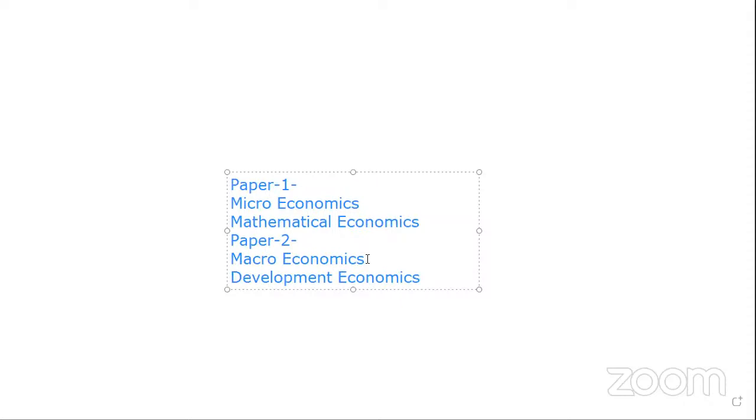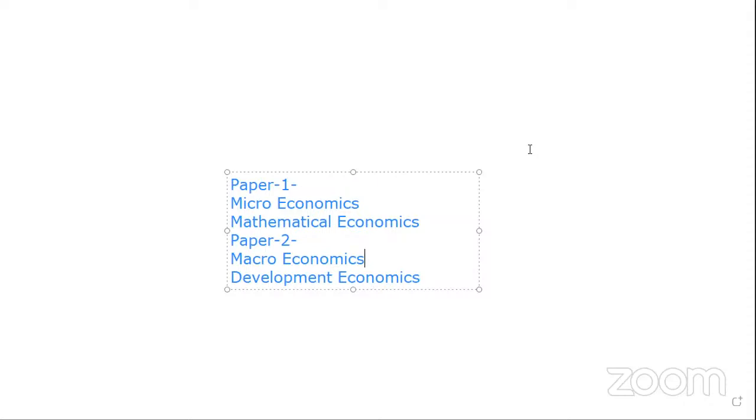Macroeconomics is further subdivided into some proportions. For PMS, we have introduction to macroeconomics, measurement of national income, GDP, GNP, types of measurement of GDP, for example, income approach and expenditure approach. We have unemployment, types of unemployment, measurement of unemployment.